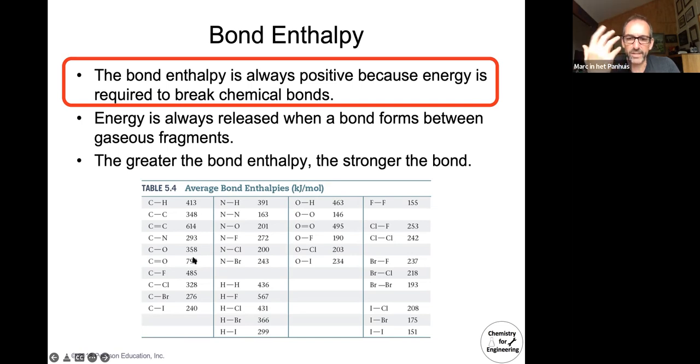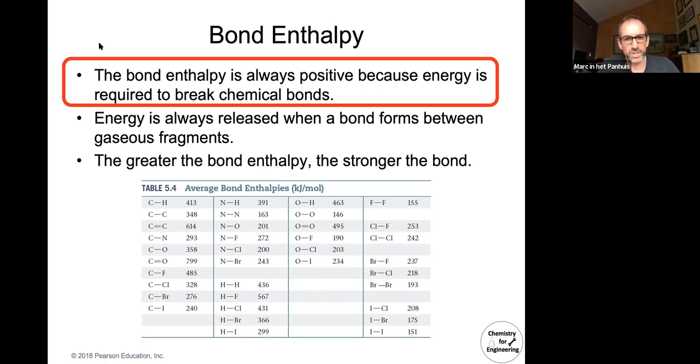You need almost twice the amount of energy. The same if you want to just split open an oxygen, it is a lot less required than if you have oxygens bonded together with a double bond. So this also obviously means that the greater the bond enthalpy, the stronger the bond being formed.